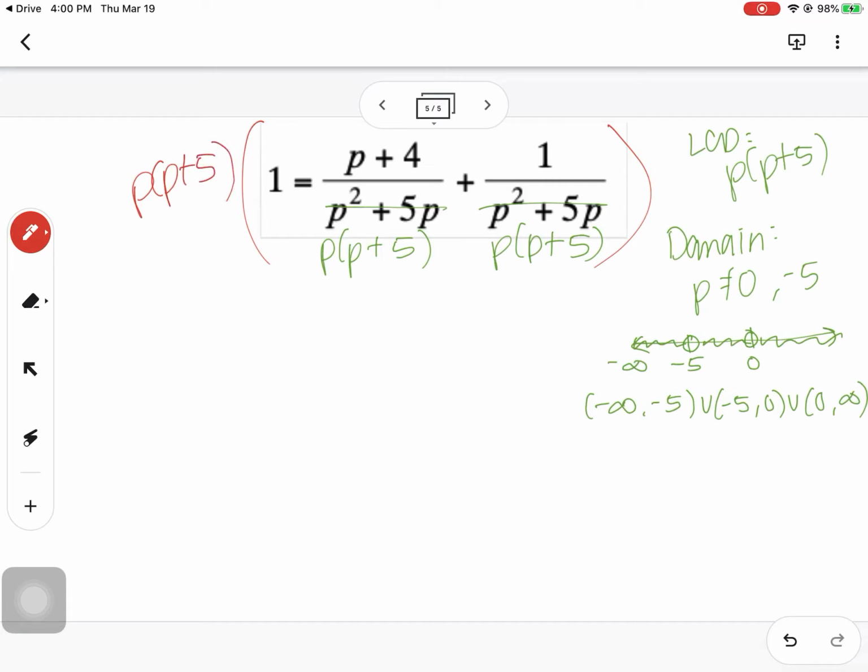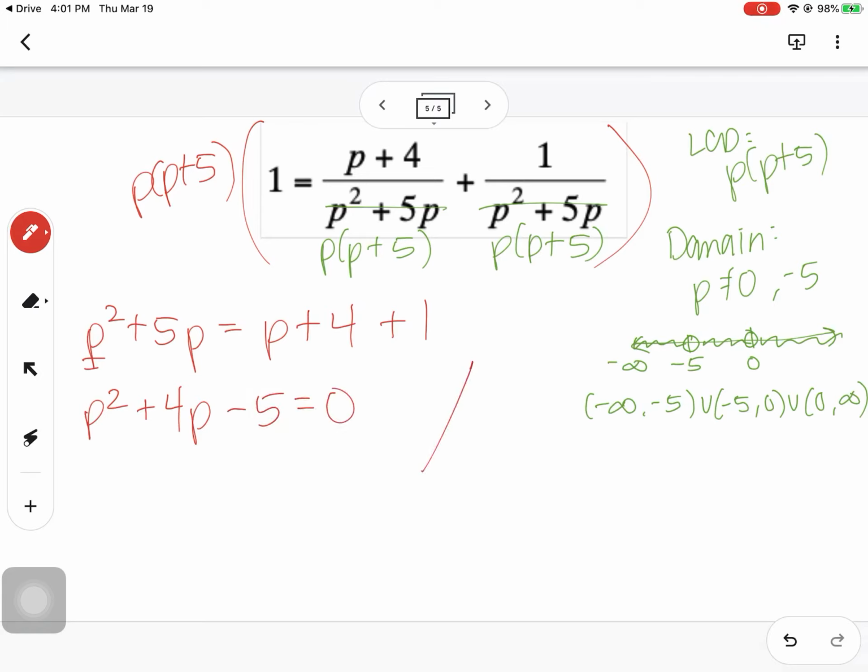When you multiply this whole thing by p times p plus 5, you end up on the left side getting the p squared plus 5p because nothing cancels. But then the other two completely cancel, and so I'm going to have p plus 4 plus 1. It is a quadratic that's not going to cancel, so I need to set it equal to 0, and then go ahead and factor.